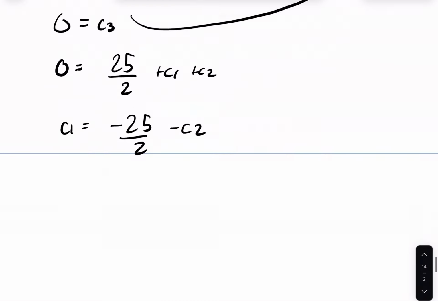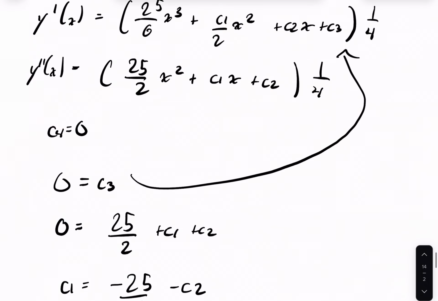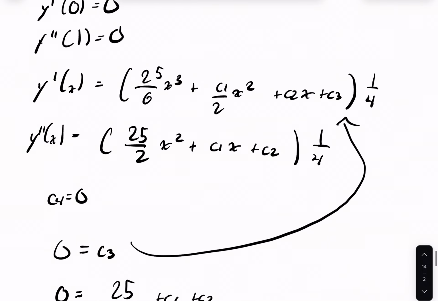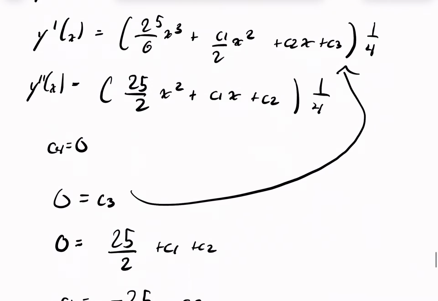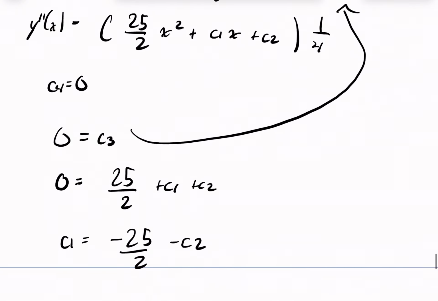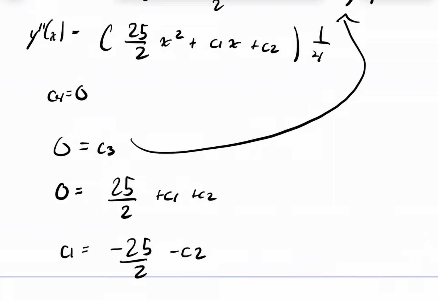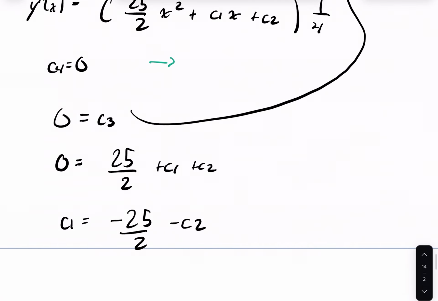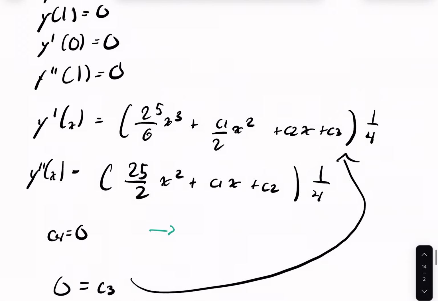So we're going to sub this back into one of the initial equations, which was when we solved for C4. It's easier to put it like this. So this one's for y at 0 equals 0.